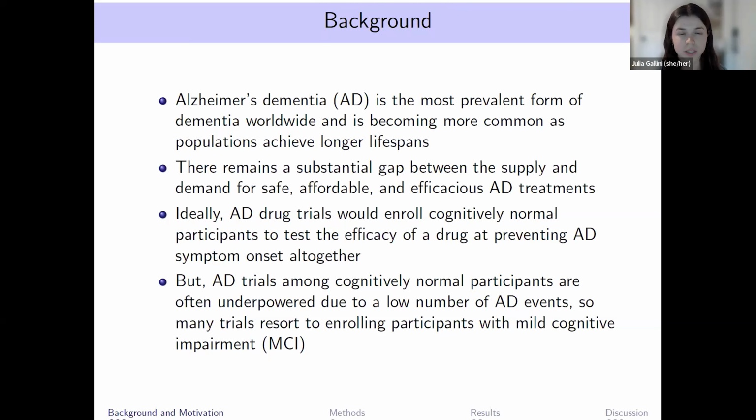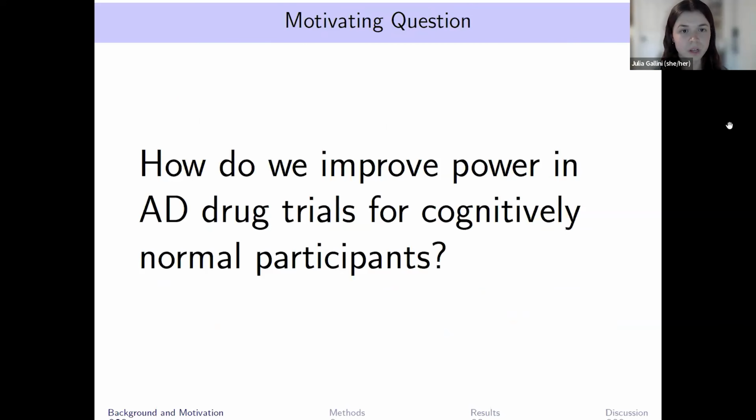But AD trials among cognitively normal participants are often very underpowered due to a low number of AD events. And so often these trials resort to enrolling participants that are already at the MCI stage, or mild cognitive impairment.